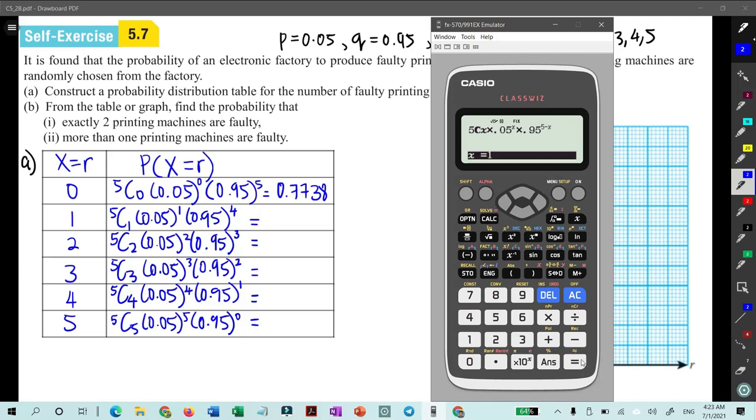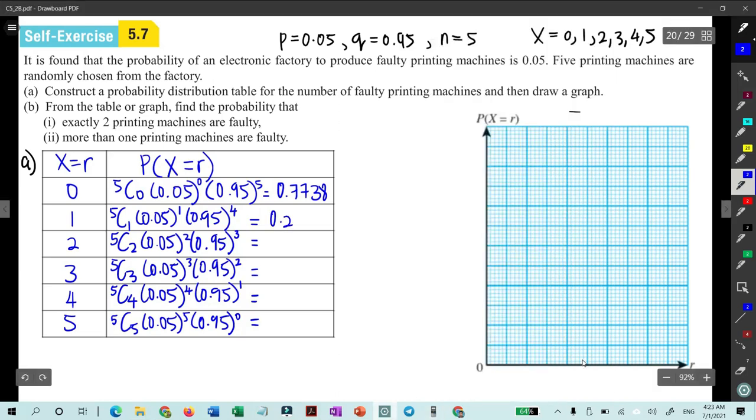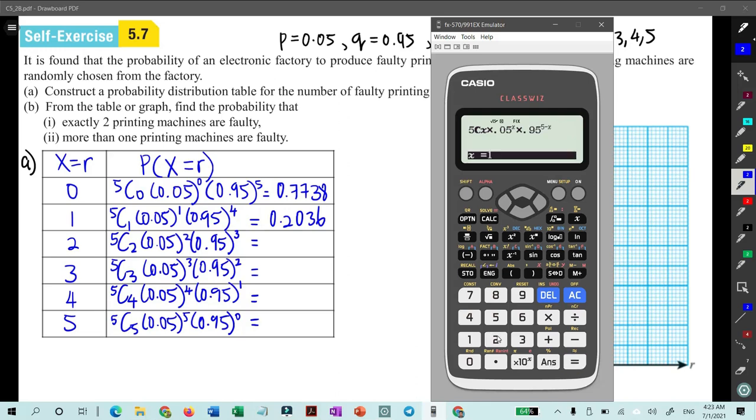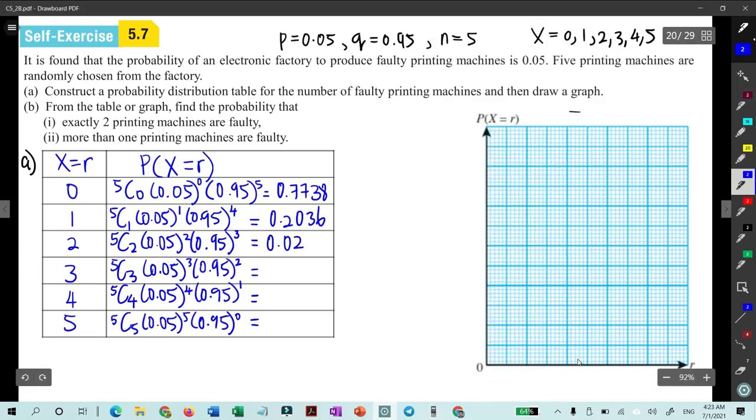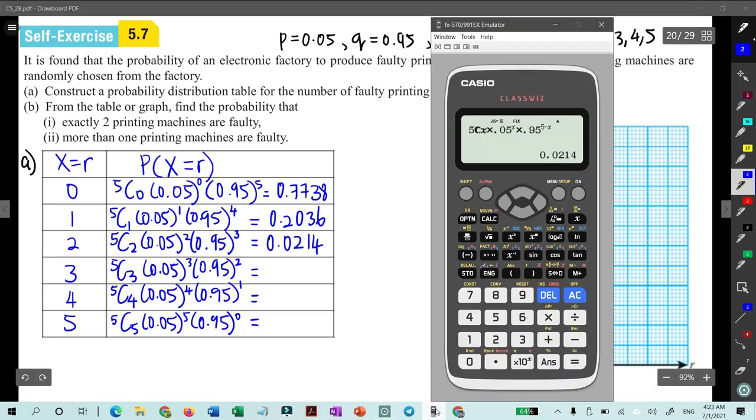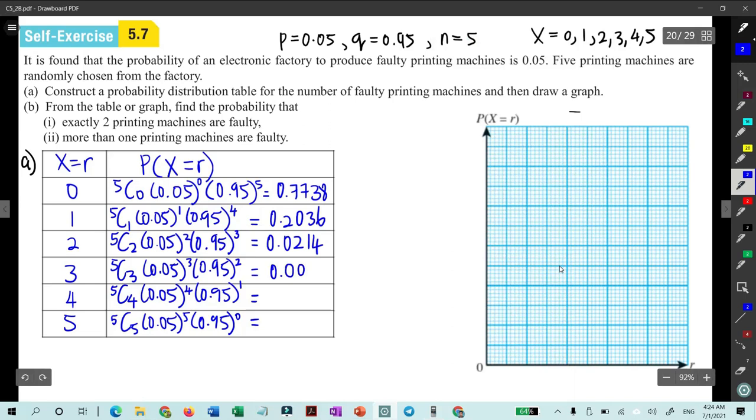Next, when X is equal to 1, we're going to get 0.2036. When X is equal to 2, the value is 0.0214. When X is equal to 3, the value is 0.0011.